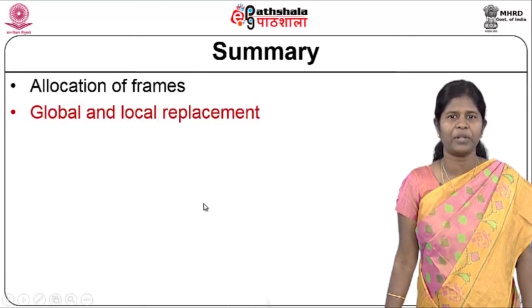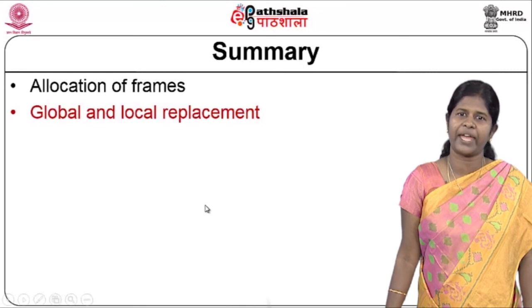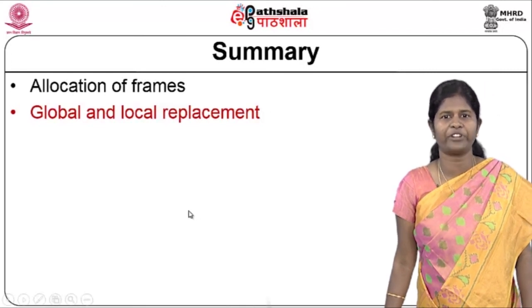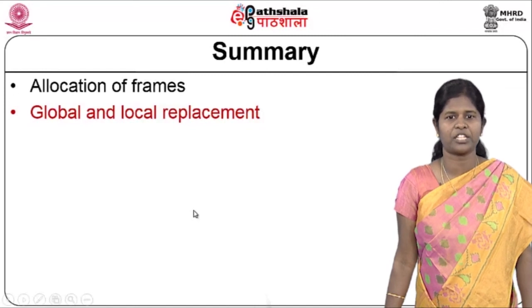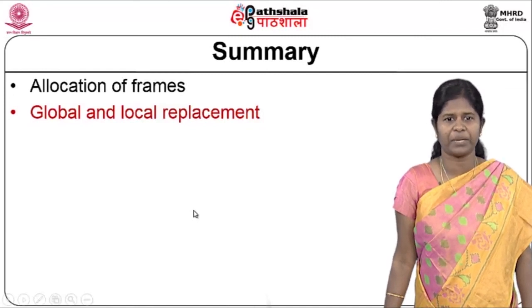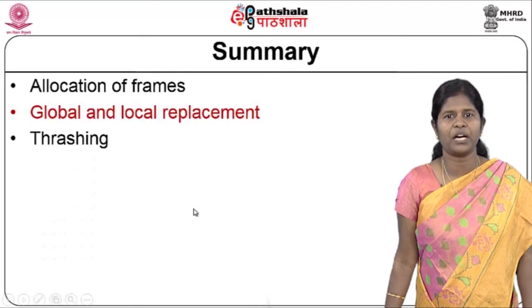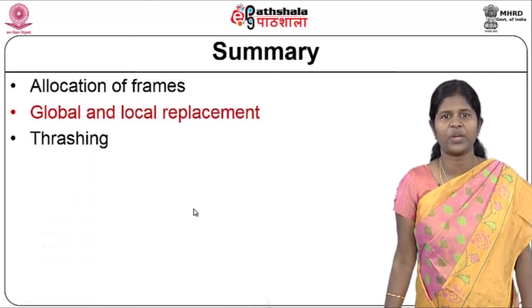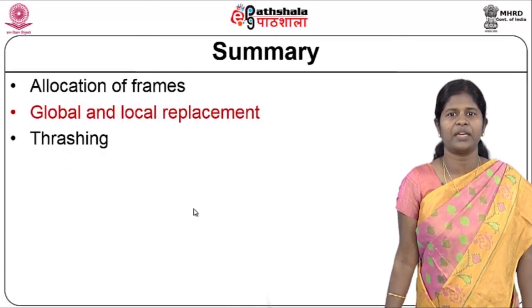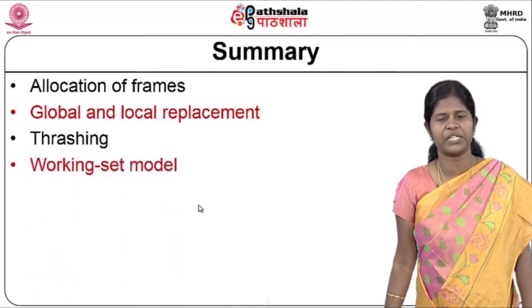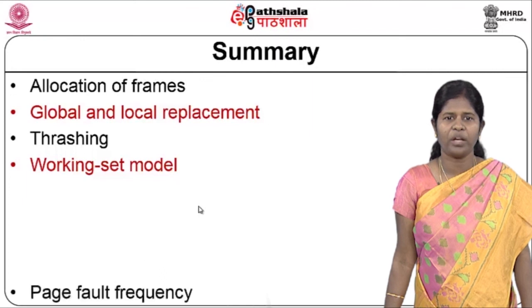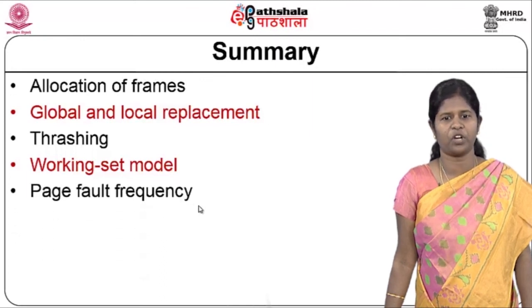You can go for a global replacement where you select a page from anywhere in the memory, or a local replacement where you select a page only among the pages allocated to a particular process. Then we learnt what thrashing is, that is, you have a lot of paging activity compared to execution, and you can overcome thrashing using the working set model or by considering the page fault frequency.